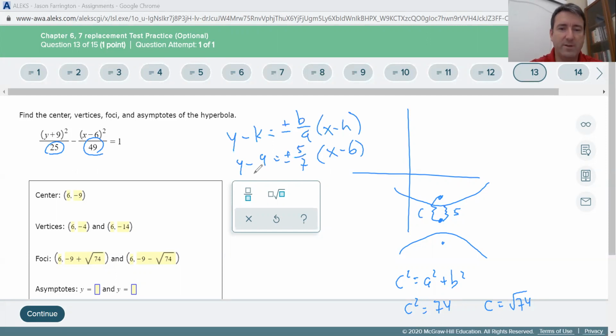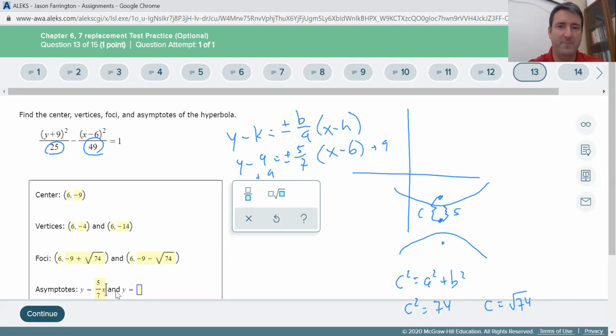And then to get y by itself, we'll just add 9 to both sides. So y is going to be equal to 5/7 times x minus 6. Oops, we better put that in parentheses. Are we not able to put, oh, I guess it doesn't want to allow us to put that in parentheses, so we better distribute that.